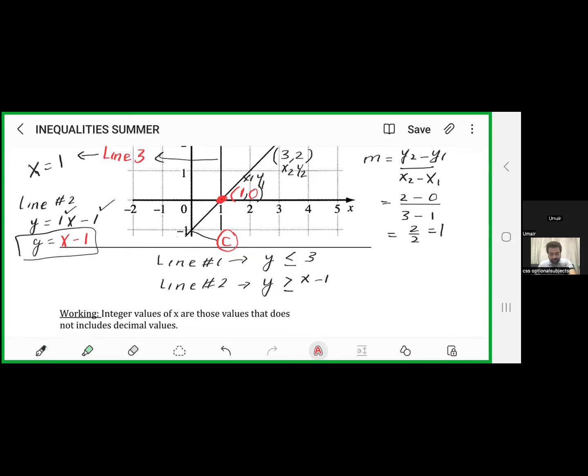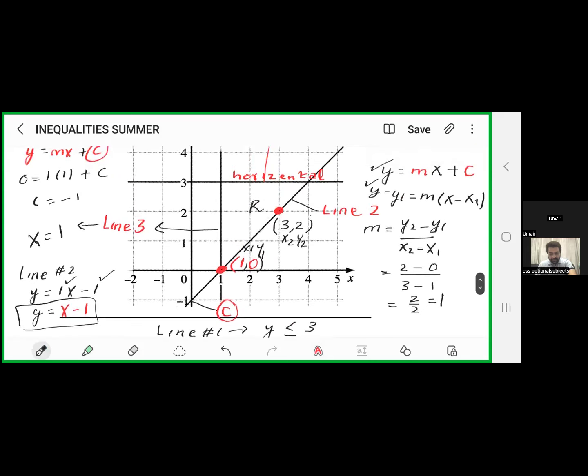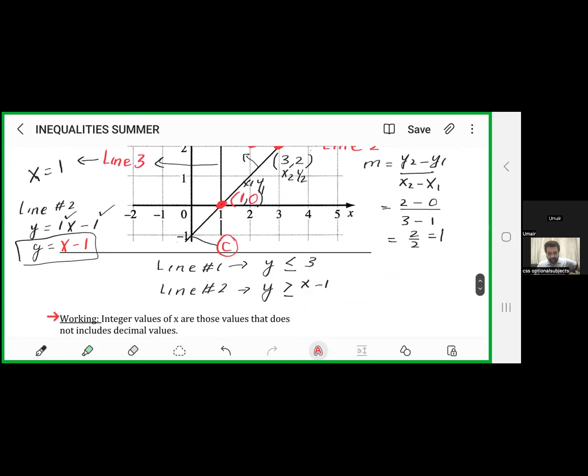One thing more, I can see that the region is above this line, so I'm using greater than. There's another method of selecting a test point. Suppose this is your test point where the coordinates are 2 and 2. To see which inequality sign will be used, take a test point in the region, put 2 in place of y, and 2 in place of x.